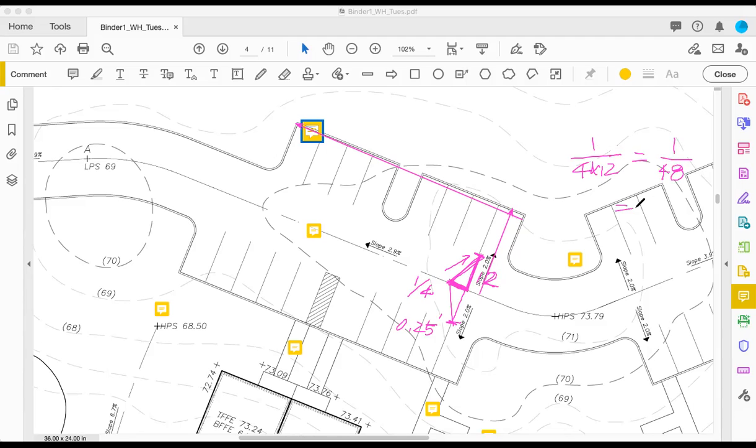It's very close to 1 over 50. So if you use 2% to calculate that, it's close enough to 1 over 48. So you can directly use a slope equal to 2.0% to calculate your other elevations on the parking lot. That's fine.